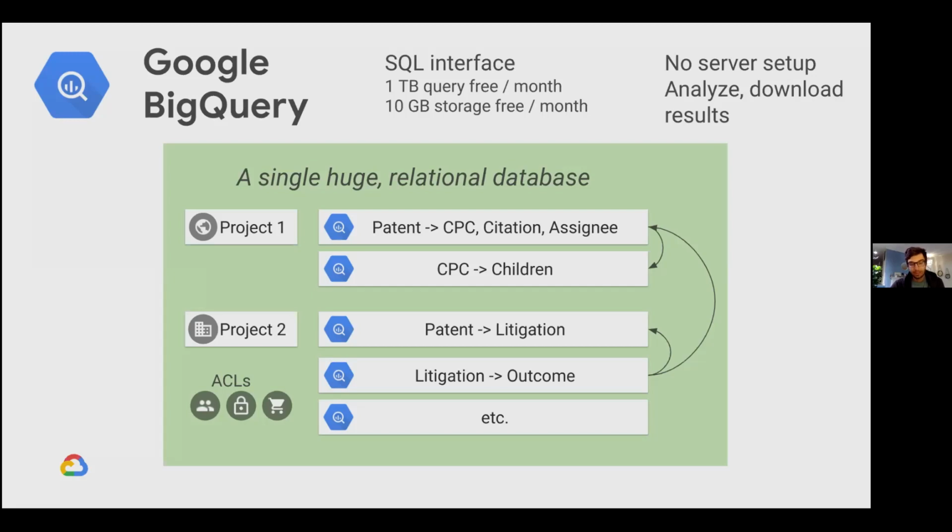This has dramatically transformed how we've done our own research inside of Google. You can think about linking some private data sets that Google might have to the public world of patent data to easily fetch metadata, dates, citations, PTAB cases, any of this other metadata.